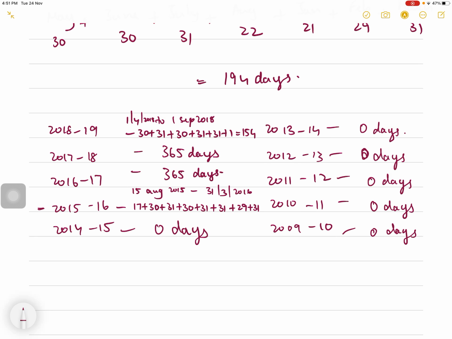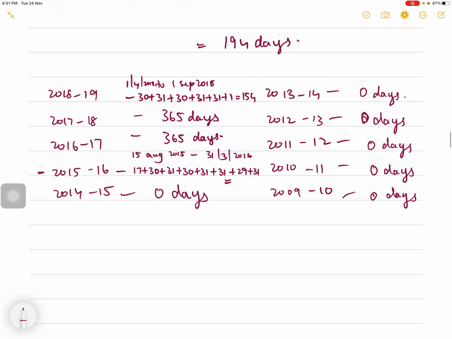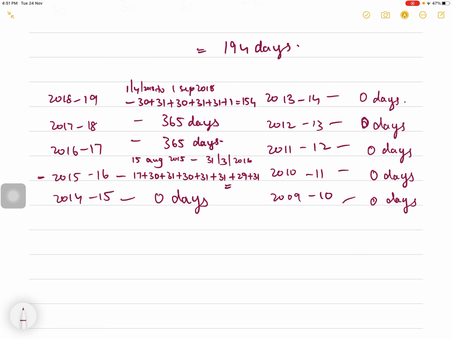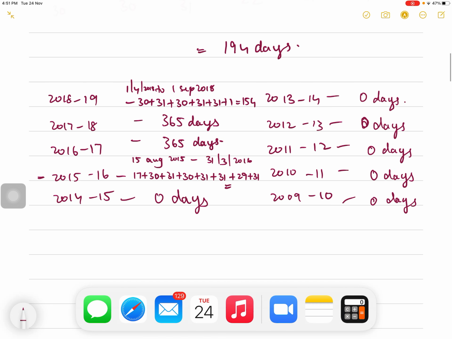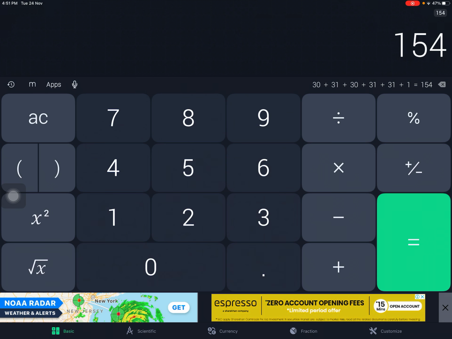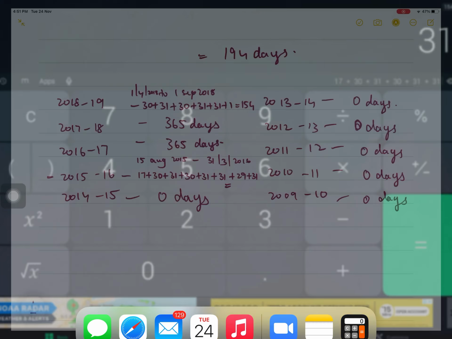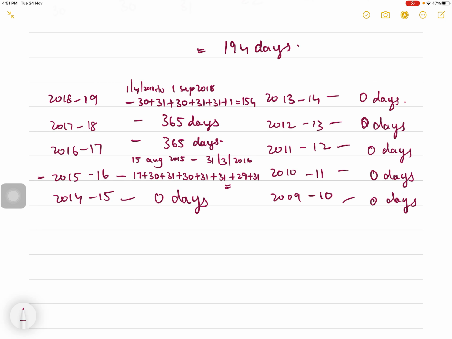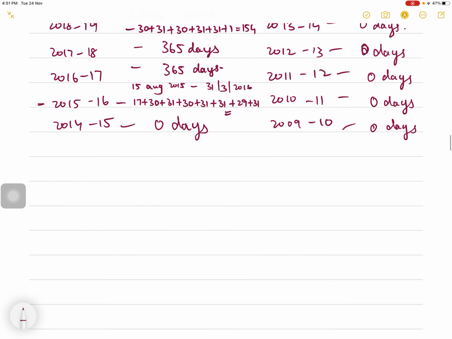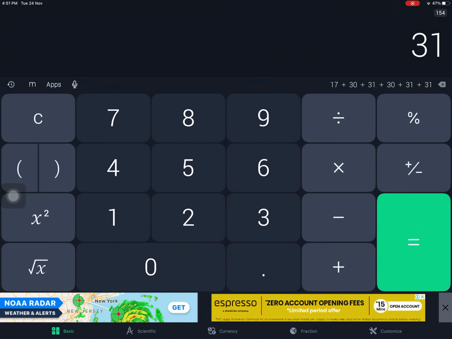154 days during 18-19. And during 15-16, he was there for 17 plus 30 plus 31 plus 30 plus 31 plus 31 plus 29 plus 31.